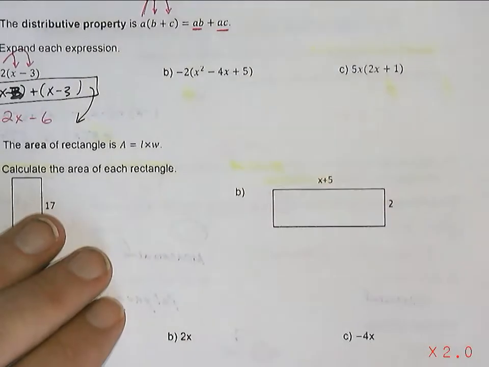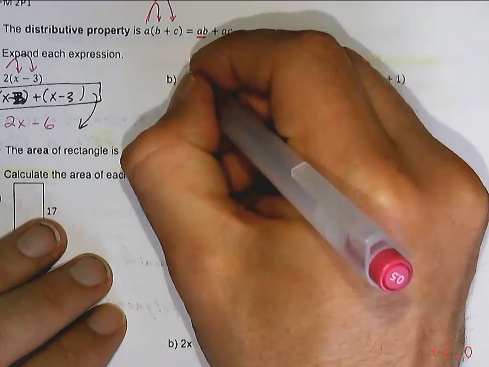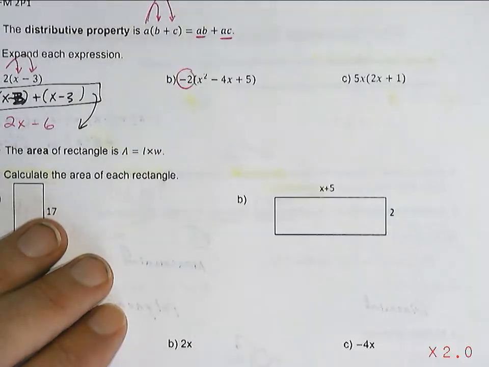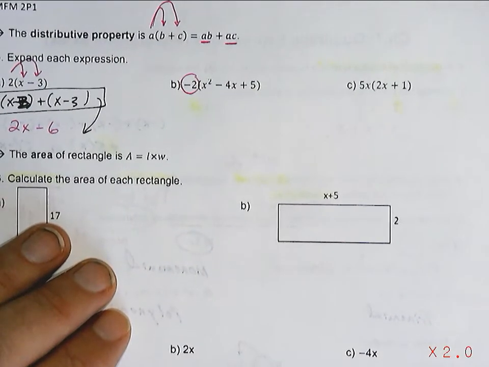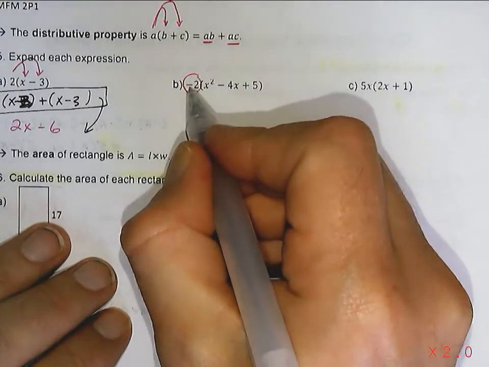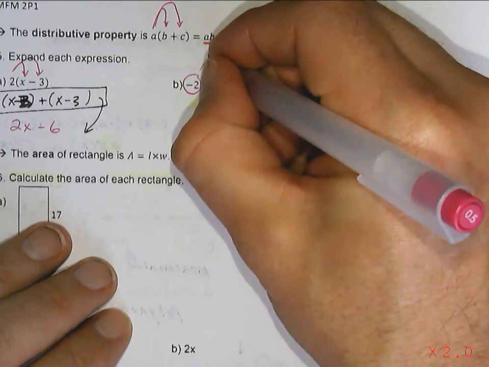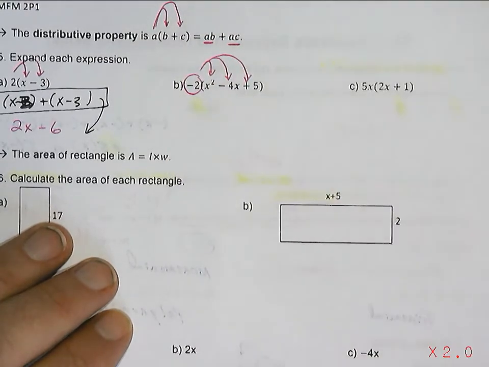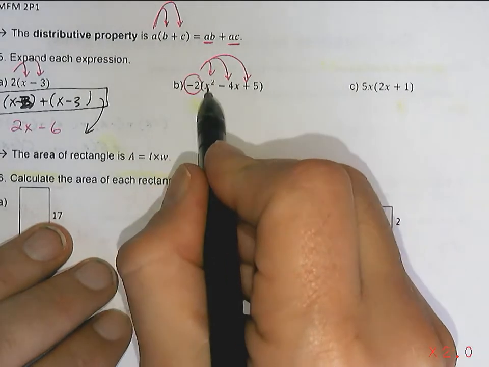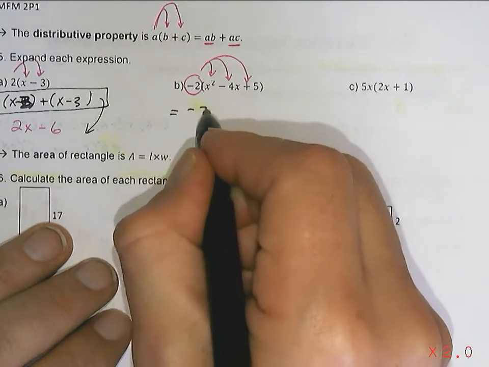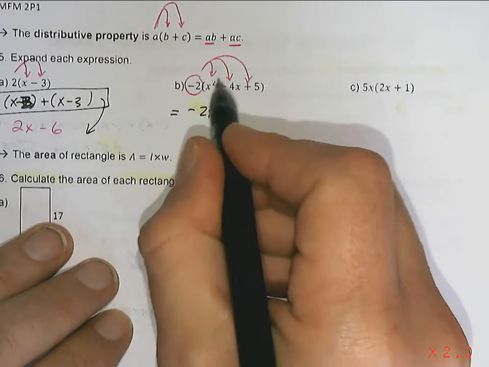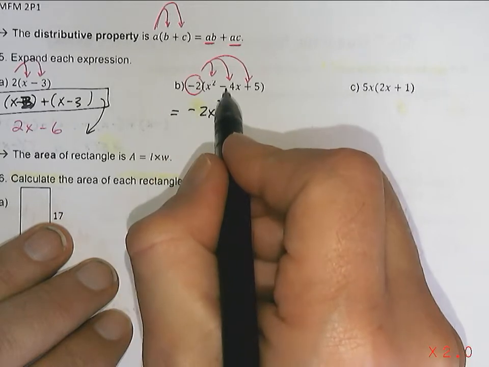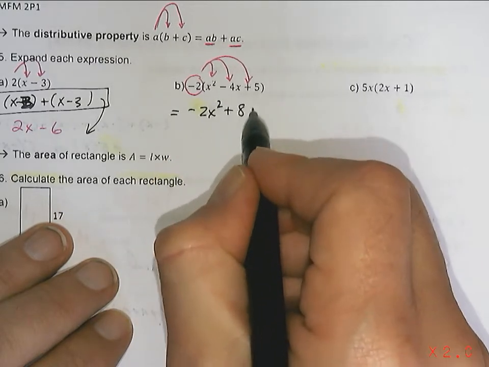Let's take a look at the next one. We have to be careful. I suggest you circle that number. That way you're going to get the negative in your circle, right? And then you draw your arrows. If you want to get it right, do this. Negative 2 times x squared is negative 2x squared. Then go back. Negative 2 times negative 4 is positive 8x.